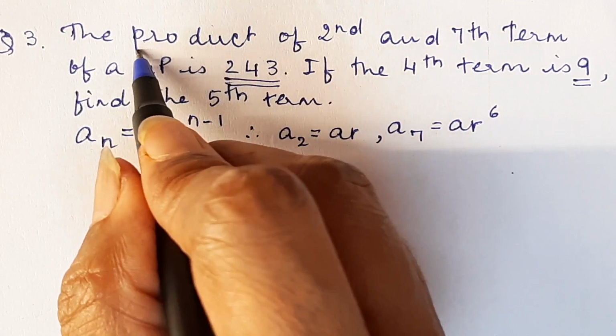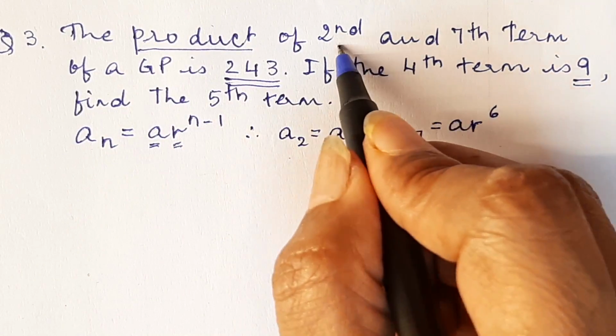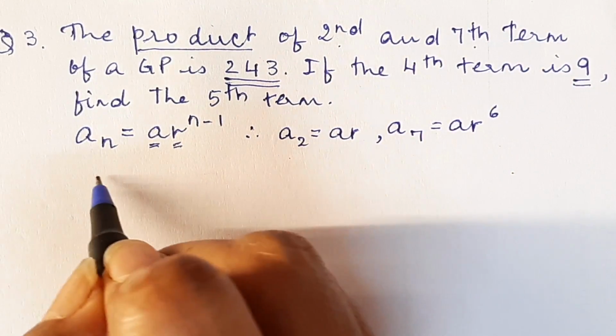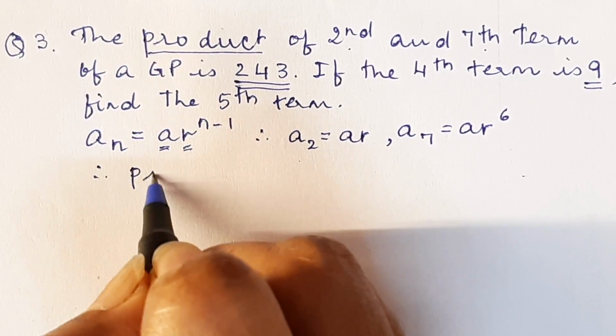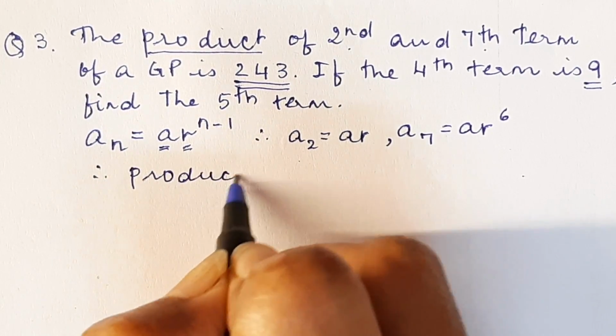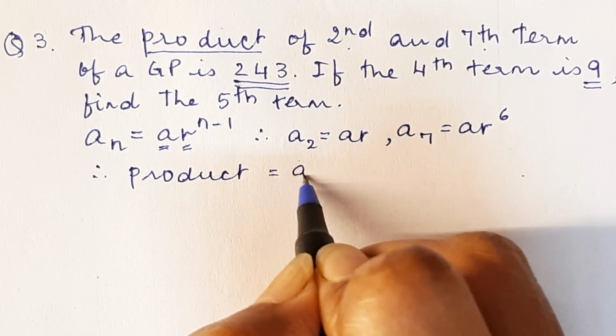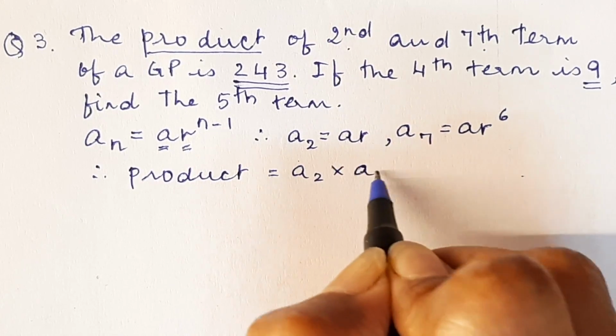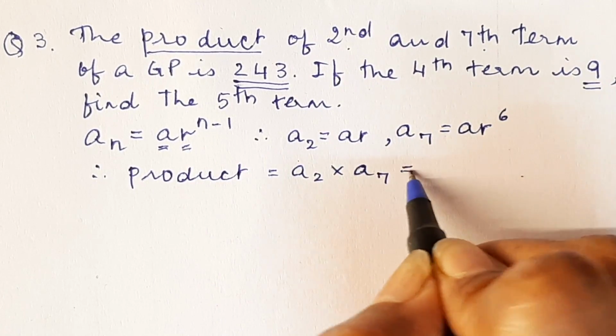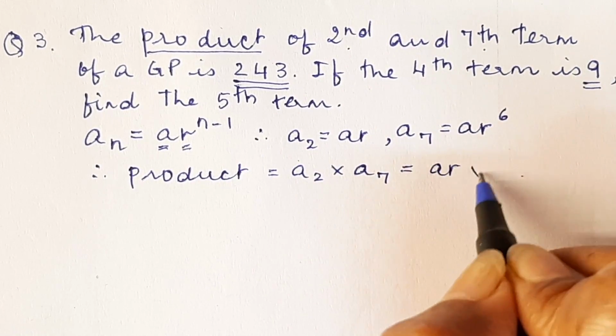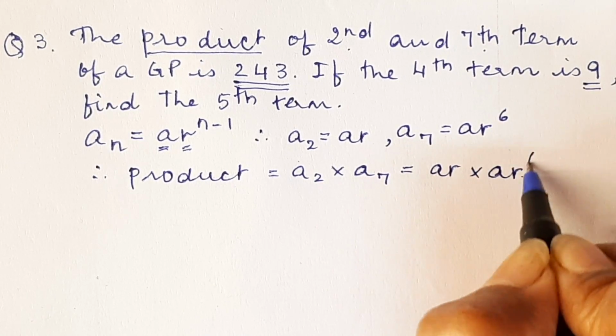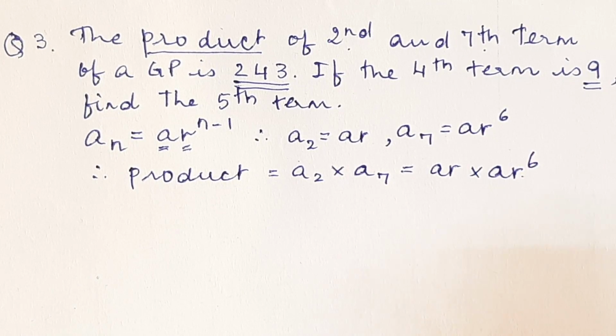Now they are telling us the product of second and the seventh term. So we are going to mention, therefore, the product, which is A2 multiplied by A7, is going to be AR multiplied by AR to the power 6.